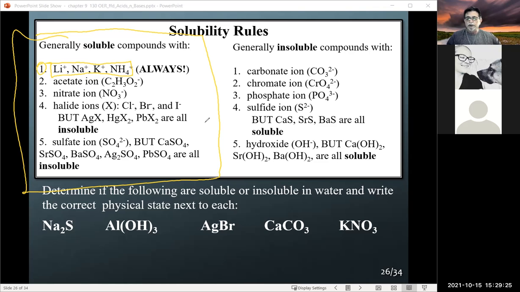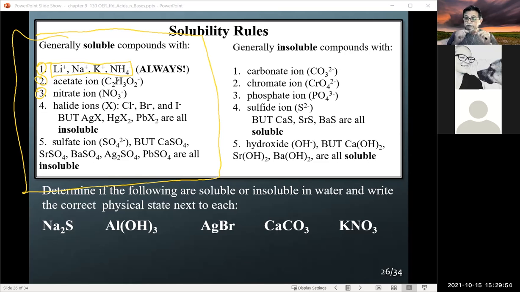100% dissociated. Number 2, here's the acetate ion. Any cation that is bonded to the acetate ion is soluble. Copper acetate, obviously the big 4, mercury acetate, anything I'm pulling off the periodic table, any of the metals, soluble. Number 3, the nitrate ion.